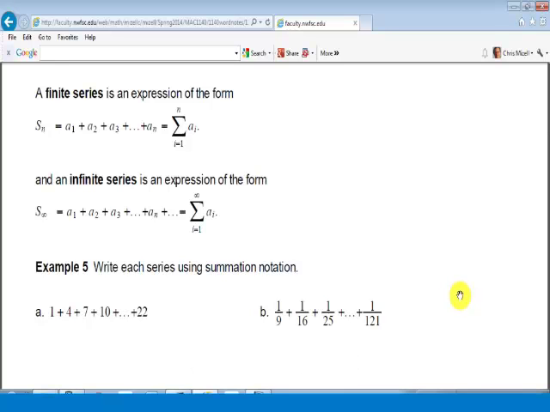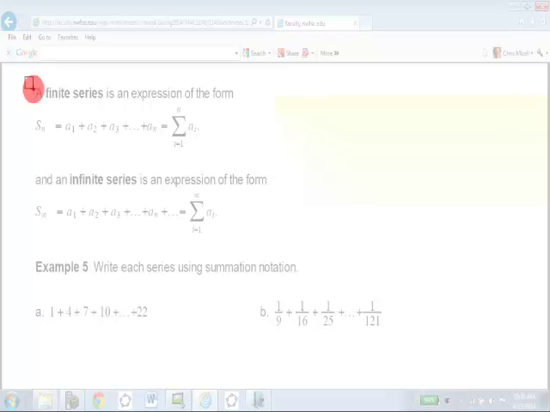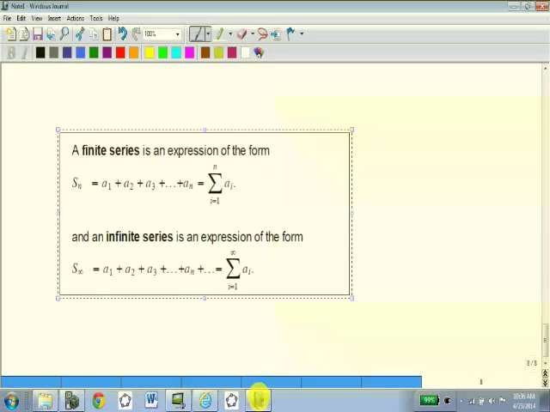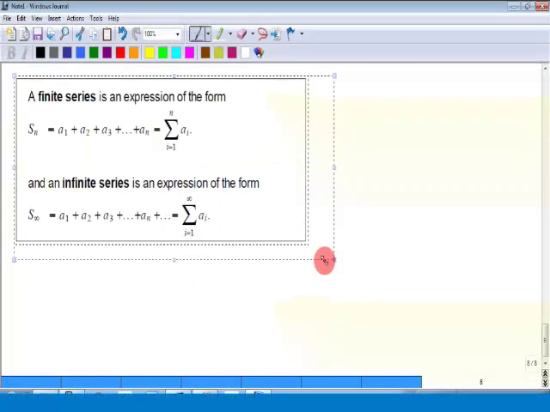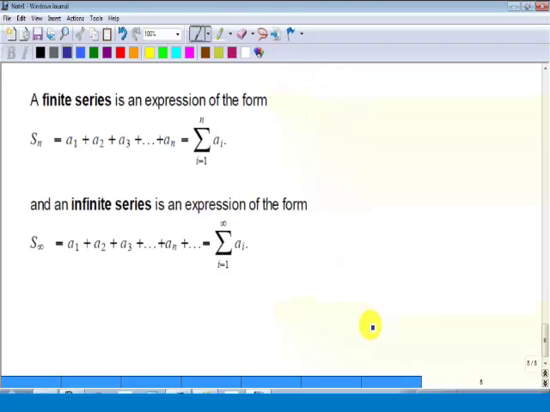We could do this for a finite sum, for the sum of a finite sequence, and we could do this for a sum of an infinite sequence. If we write the sigma notation, so we're denoting the sum of the terms of the sequence, it's called a series. A series is basically all the terms of the sequence with pluses in between them, and an indication that we should add them up.